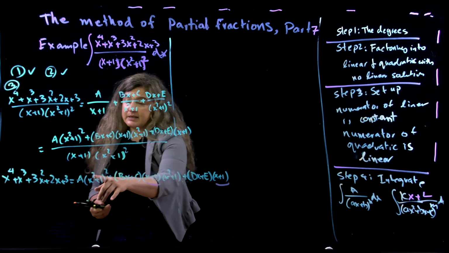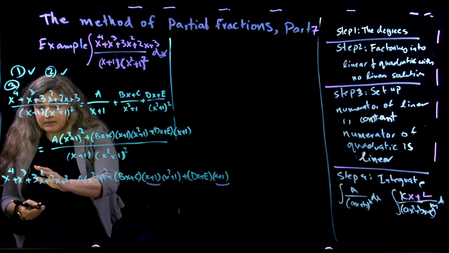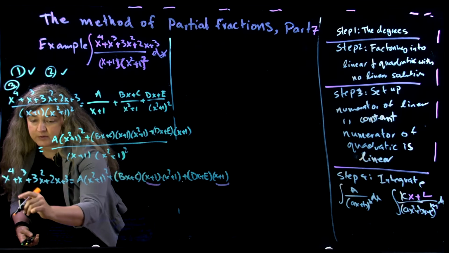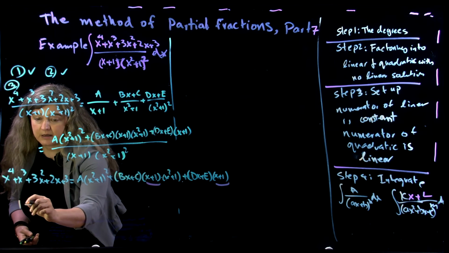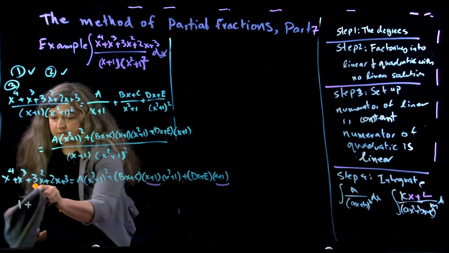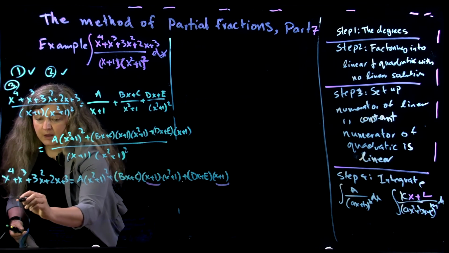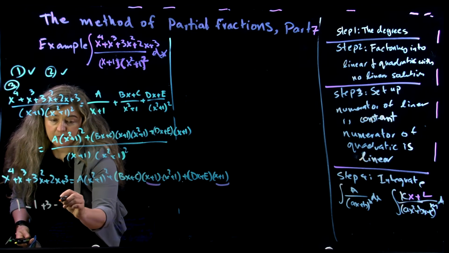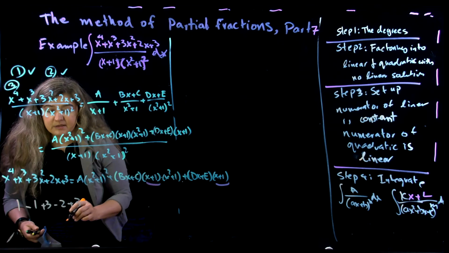If I plug in x equal to -1 on the left hand side, I get -1 to power 4, which is 1, plus -1 to power 3, which is -1, plus 3, minus 2, plus 3.